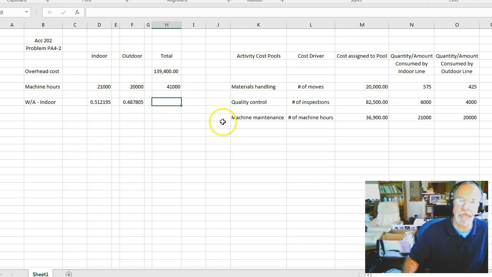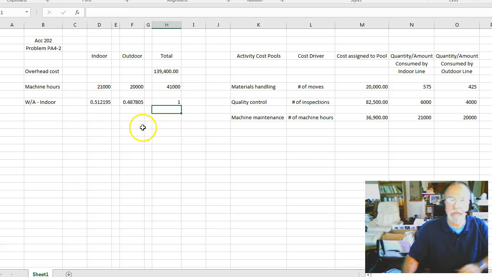And of course, we'd want to make sure that the total of these two percentages are equal to, and what should they be equal to? Of course, I know you know, 1. And so we can check that by simply adding them up and making sure that they're equal to 1, and they are.